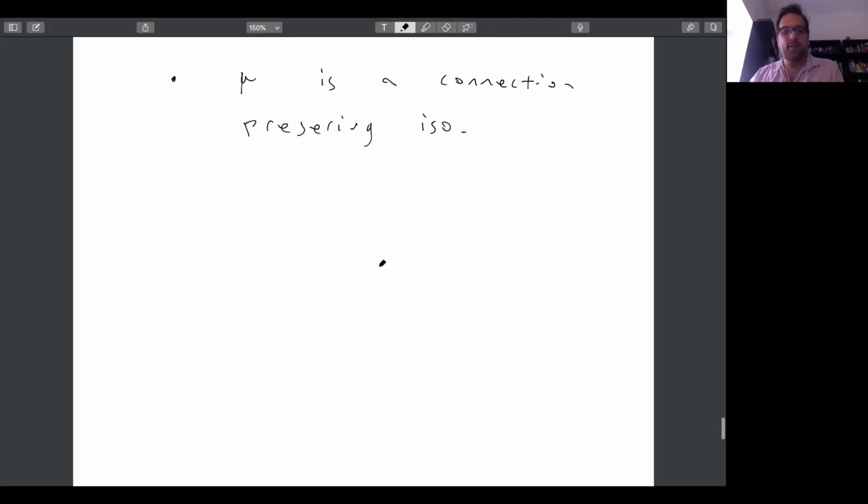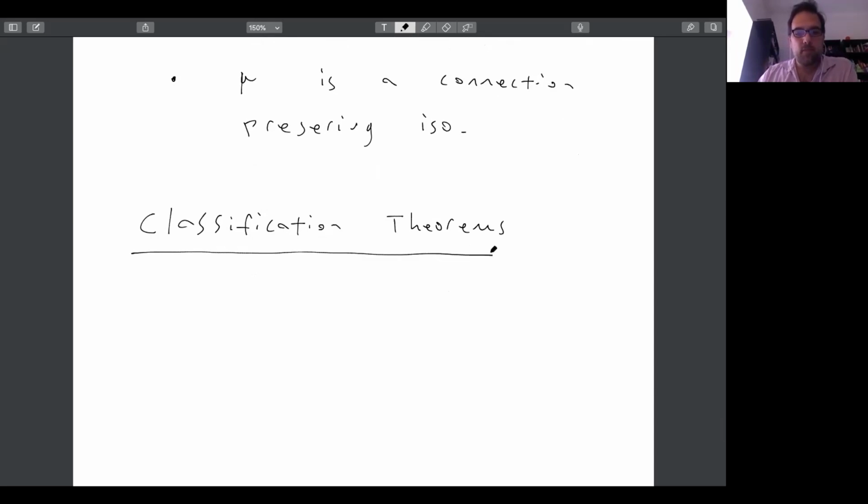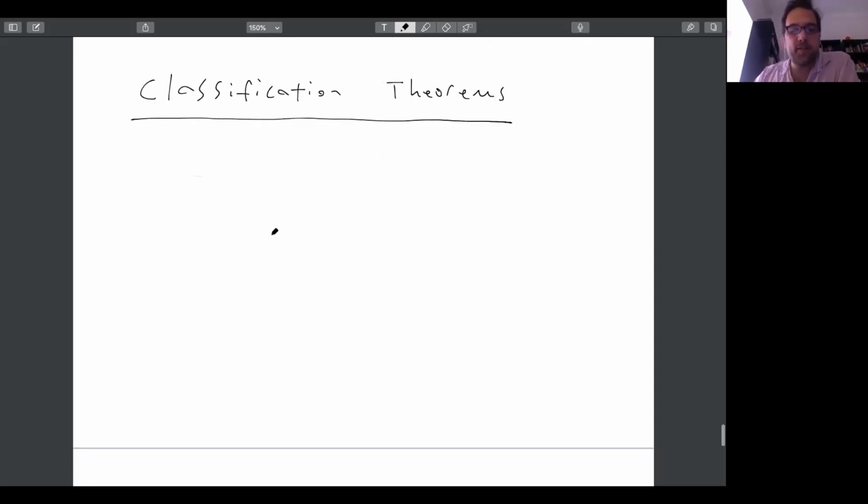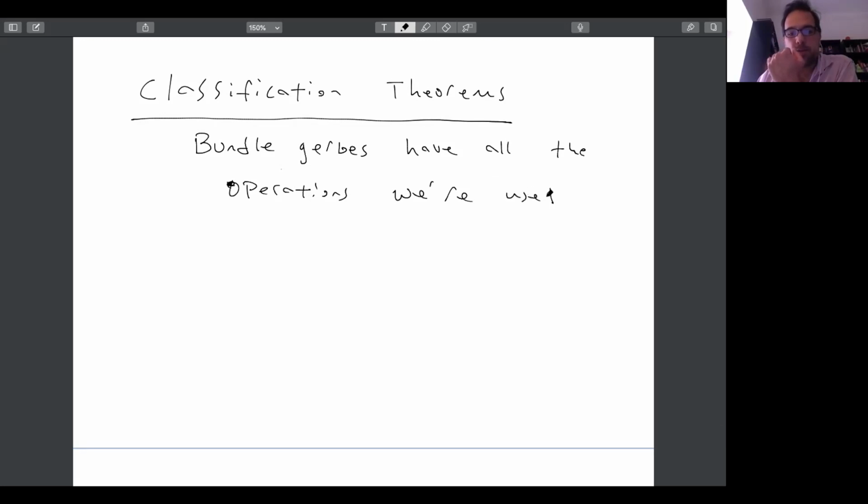And now let's get into the classification theorems. Before I state the classification theorems, I just want to note that bundle gerbes have all the usual operations, the operations we're used to with line bundles.